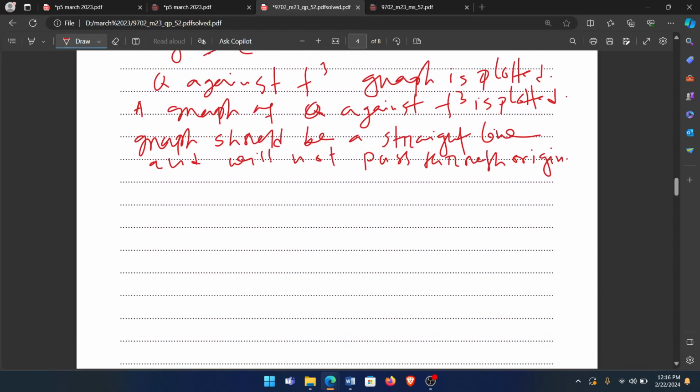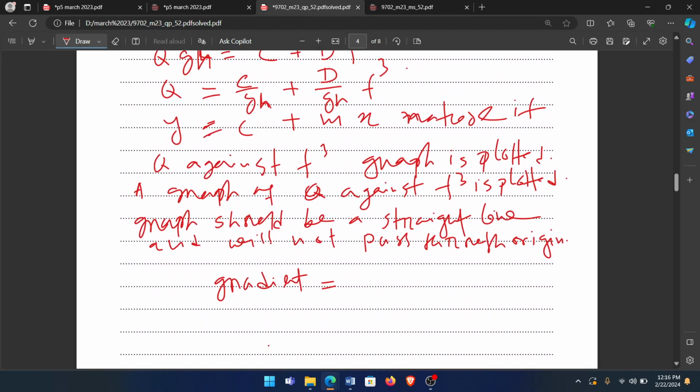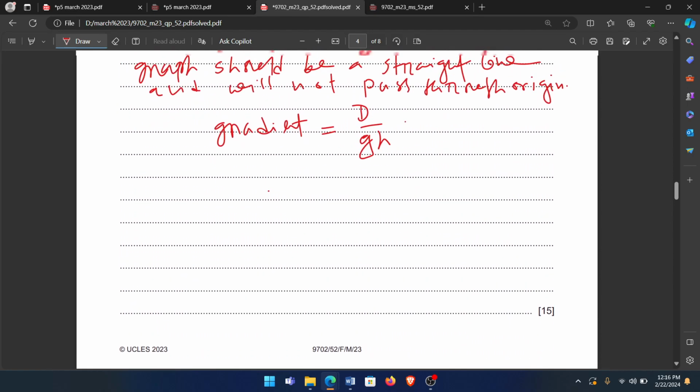Okay, now come to the point. Gradient of the graph will be D by GH. Look, H has been measured already, right?